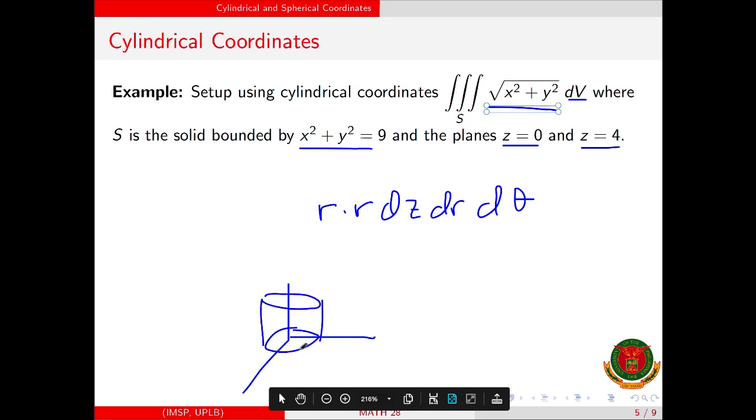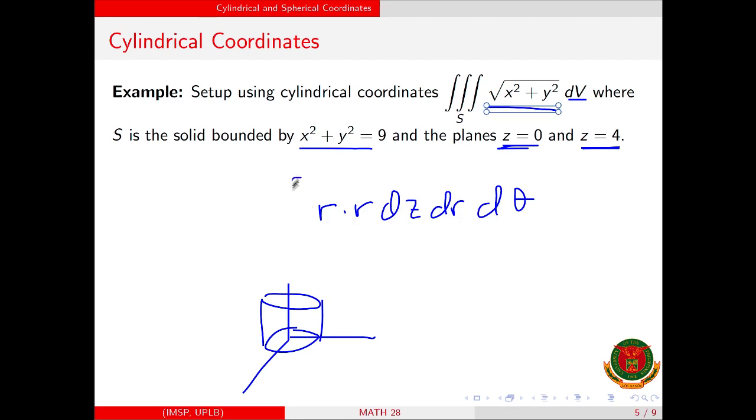The lower bound of that cylinder is given by z equals 0, and the upper bound of that cylinder is given by z equals 4. And that actually determines the bounds for z. So the bounds for the innermost integral is 0 to 4.